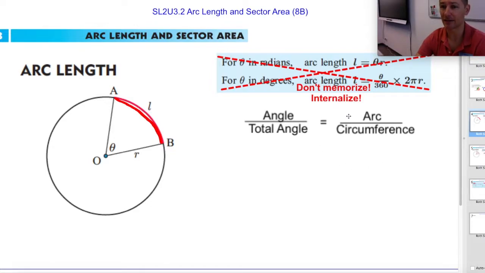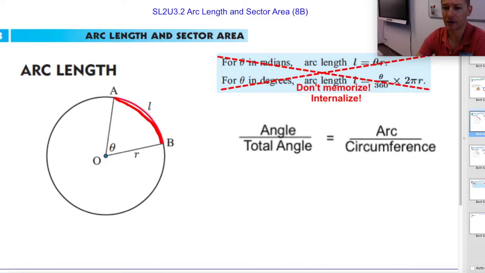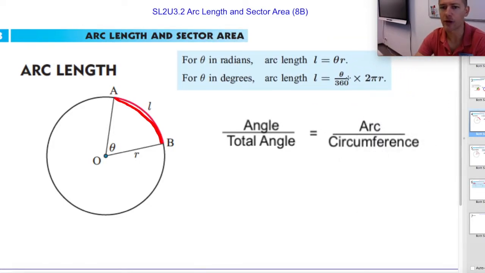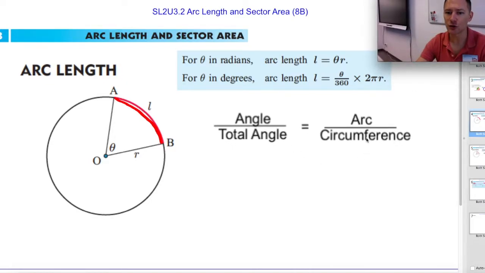The idea makes sense, and I'll show you where it comes from. It just comes from this idea that there should be an equal ratio between your angle and the total angle, and the amount of crust and the total crust, which is the circumference. So let me show you where these equations come from, but I hope you never use them, you just use this idea.